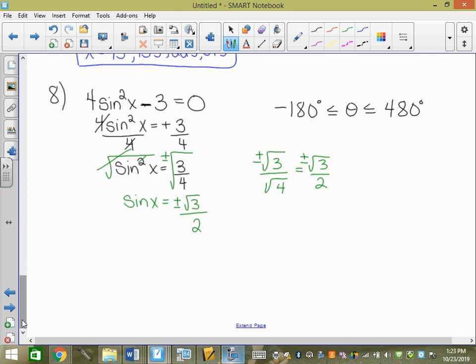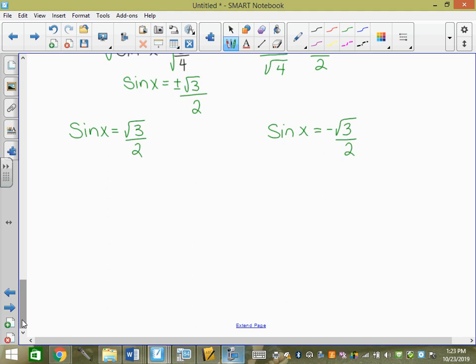So, root 3 over 2 in sine. Easy to do, correct? But we have a plus and we have a minus. So we're going to get 2 solutions for one in the 0 to 360, and 2 solutions for the other one in the 0 to 360, because there's 2 places where sine is negative and 2 places where sine is positive. Root 3 over 2 for sine is at the 60-degree reference angles.